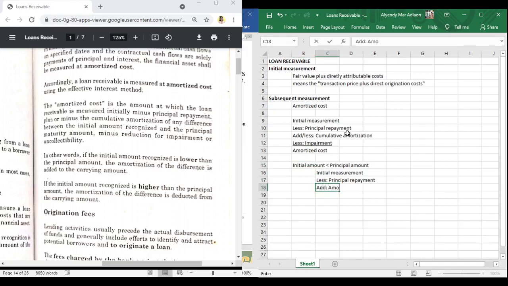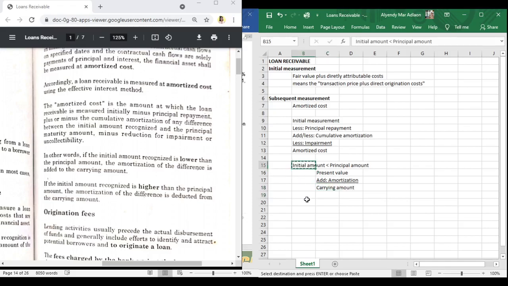So, add amortization. Or should we say, the present value, less principal repayment, and then add amortization. Okay, add amortization, and then you will get the subsequent measurement. That is the new carrying amount.